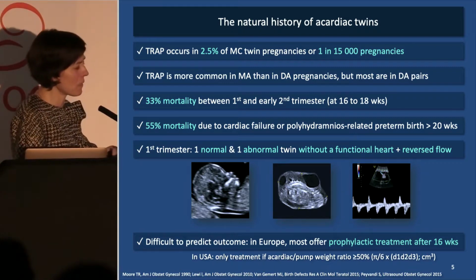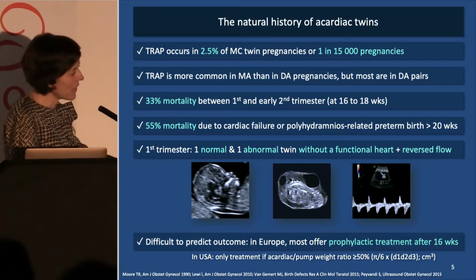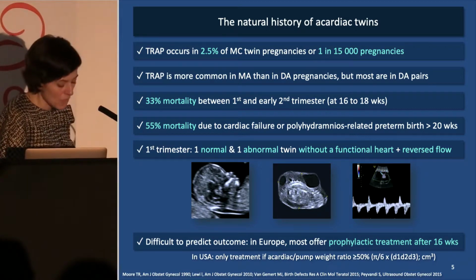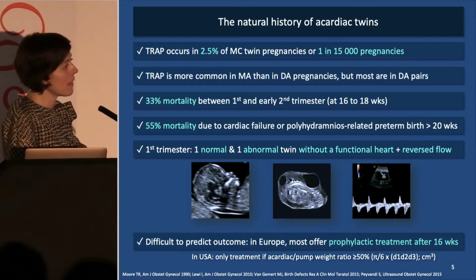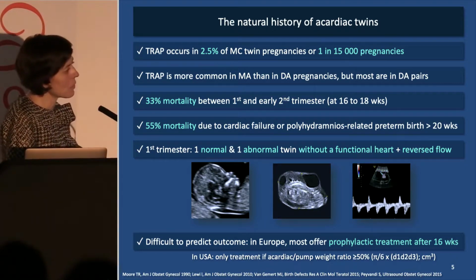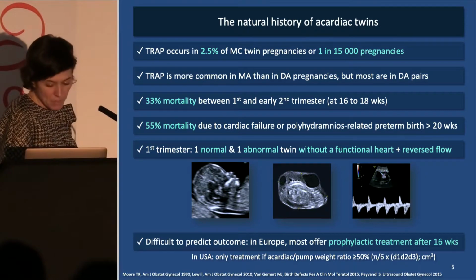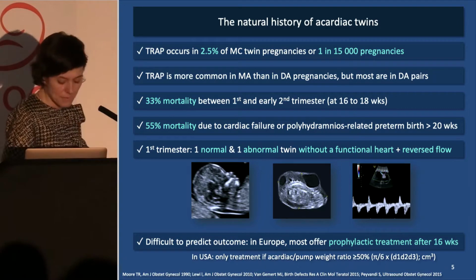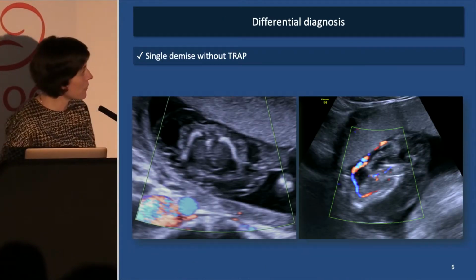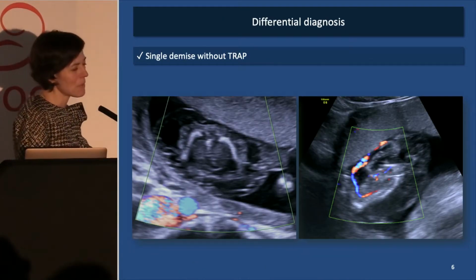But in Europe, we prefer to do prophylactic treatment because the problem is that you will not always be able to predict demise of the pump twin. And also surgery later on in pregnancy can be quite difficult because of the hydropic umbilical cord of the acardiac twin.